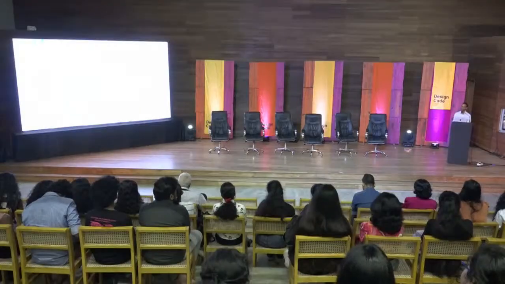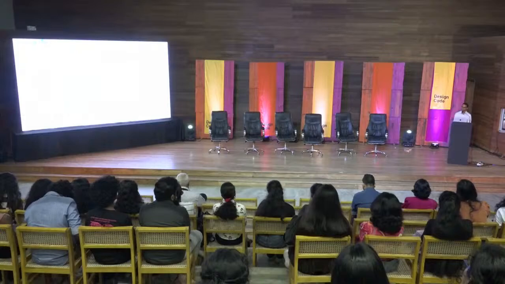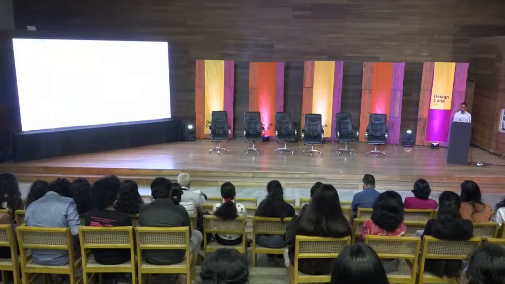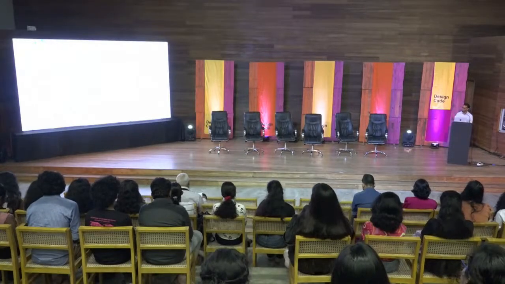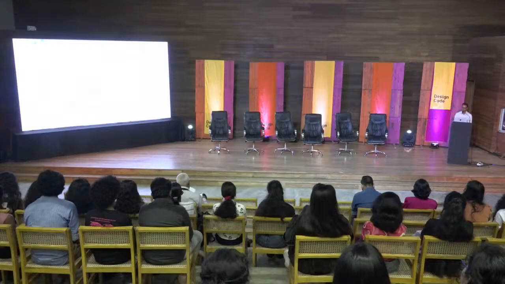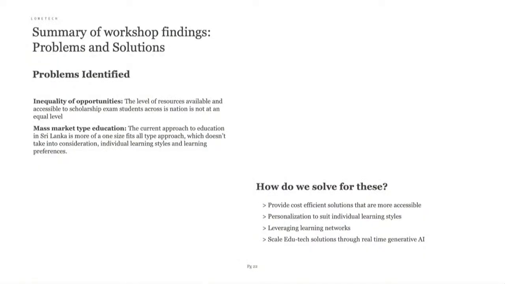We identified a few levers for us to play with if we were going to attack this problem. One is, of course, it has to be cost efficient, whatever we propose. It needs to be personalized for this to fly. Another really important thing in building successful products is leveraging network effects.